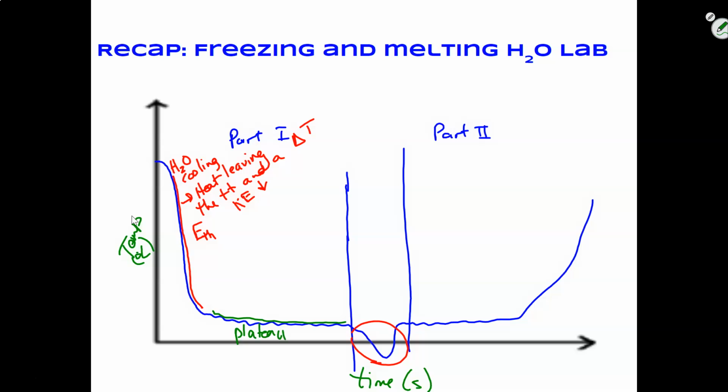During this part, heat was still leaving the test tubes, and the particle attractions changed to a solid.